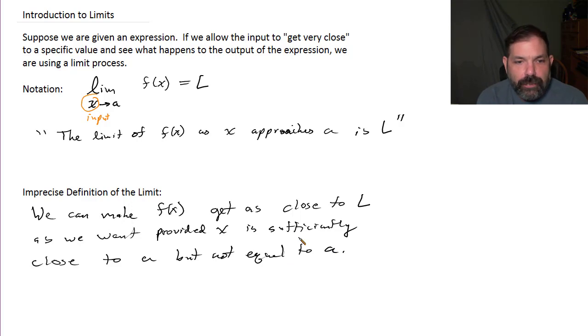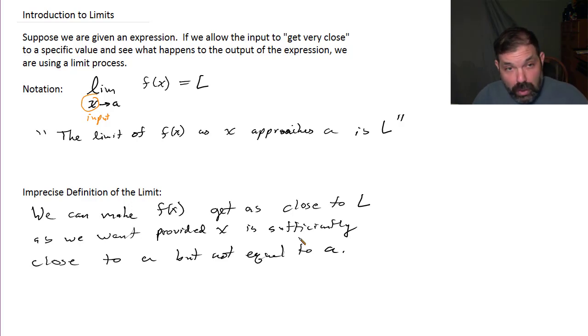So the imprecise definition of the limit, if this limit exists, means we can make the function get as close as we want to a specific output by letting the input get sufficiently close to some specific value, but not necessarily equal to that value.